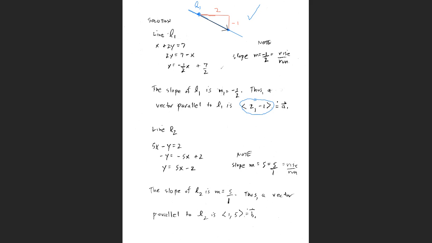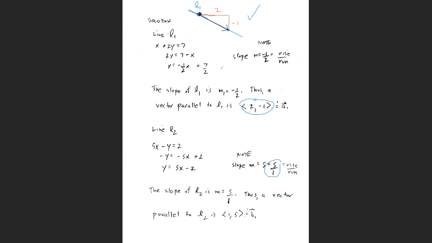Okay, thank you, Robin. Thank you, John. And this is what I was getting at. Thank you, Eric. Thank you, Naima. Very good. Now we can do the same thing for the second line. The second line, we determined, has a slope of 5. That means a rise of 5 and a run of 1.